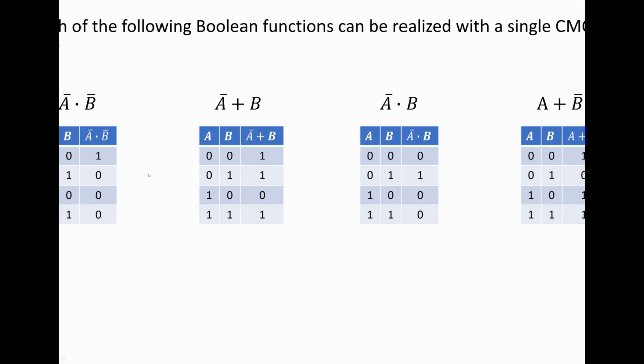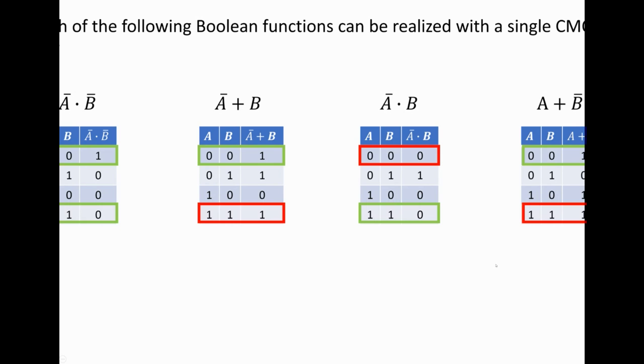On the other hand, the PMOSs pull up, and the PMOSs turn on when the input is 0. So if the inputs are both 1, there's no way that you can have a 1 output, right? This one has a 1 output when they're both on. This truth table, but the second and the fourth truth table.